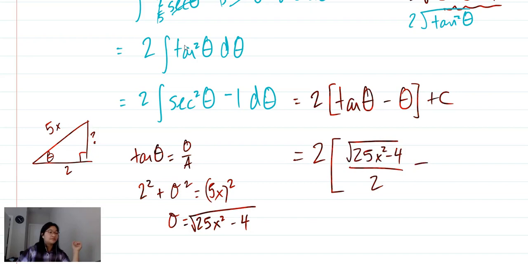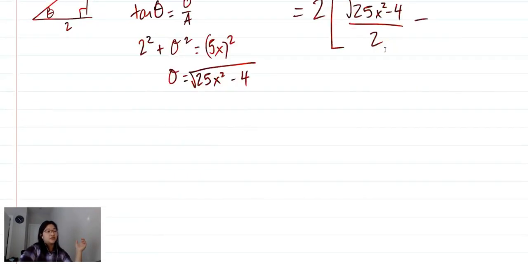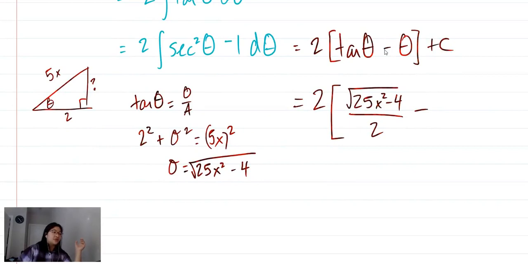But then what do we do with this theta? What can we do in order to figure out what it is by itself? Well, we can just take arcsecant, right? Because we know how we declared x: it was 2/5 secant theta.